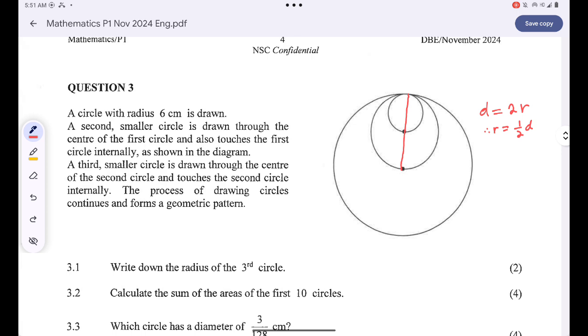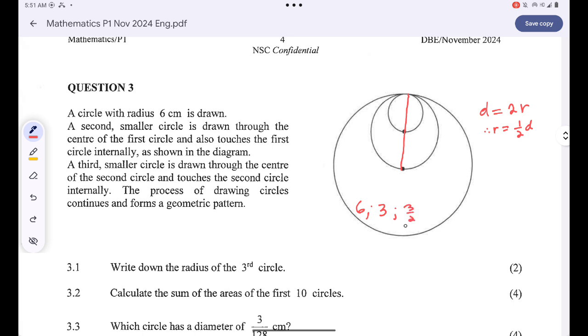So since the radius of the first circle is equal to 6, this 6 will now become the diameter of the next circle, and hence the radius of the next circle will be 3 centimeters. And the radius of the third circle will be 3 over 2.